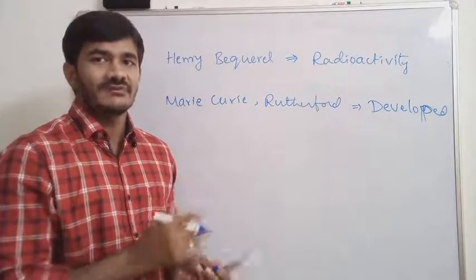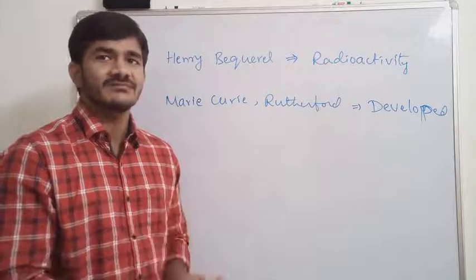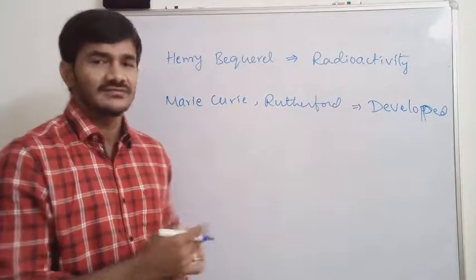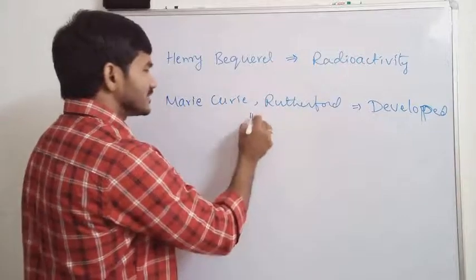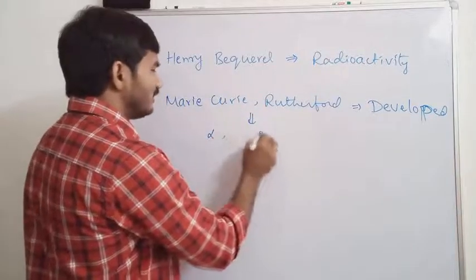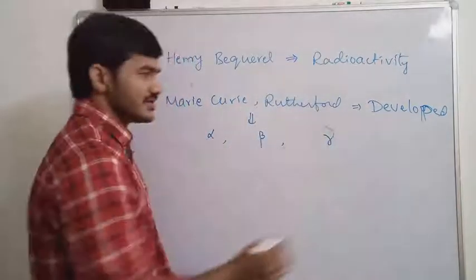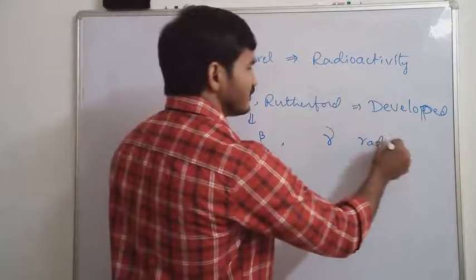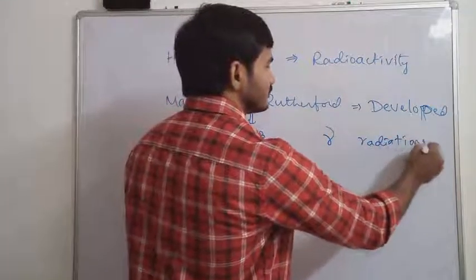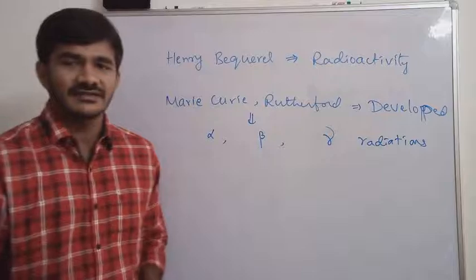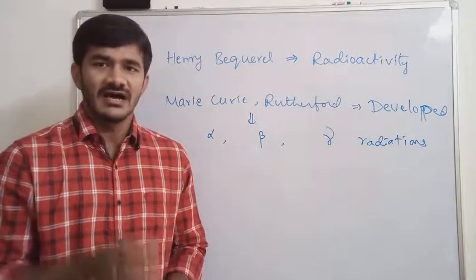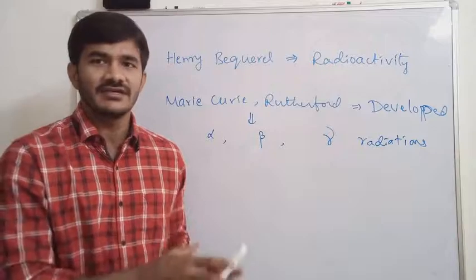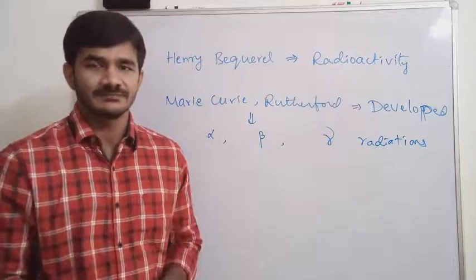So what are the radiations which are emitting from the radioactive elements? These scientists and some others explained that alpha, beta and gamma radiations are emitting from the radioactive elements. Rutherford explained that alpha, beta, gamma radiations come out from the radioactive elements.